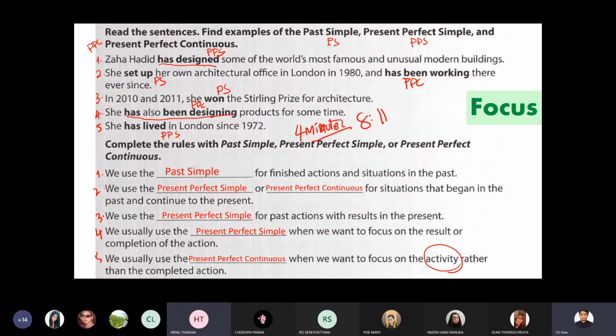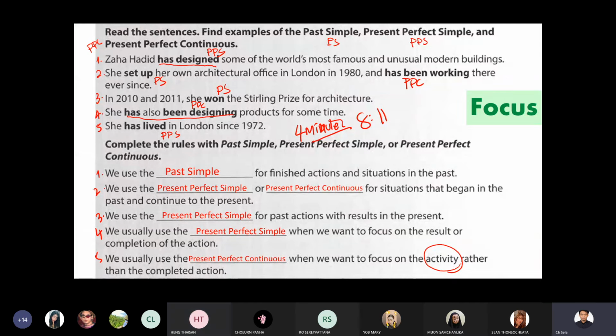Four, we usually use the present perfect simple when we want to focus on the result or completion of the action. Five, we usually use the present perfect continuous when we want to focus on the activity, whether or not it is completed.